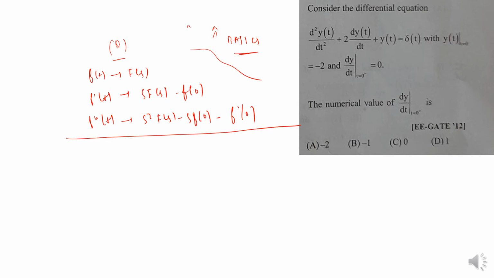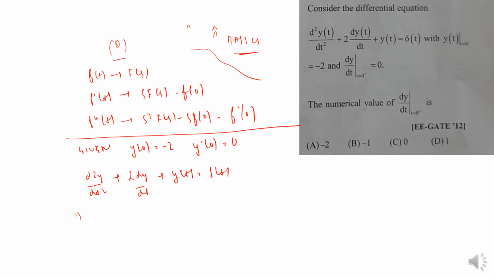Now y of 0 is given as minus 2 and y dash of 0 is 0. Now d square y by dt square plus 2 into dy by dt plus y of t is equal to delta t.